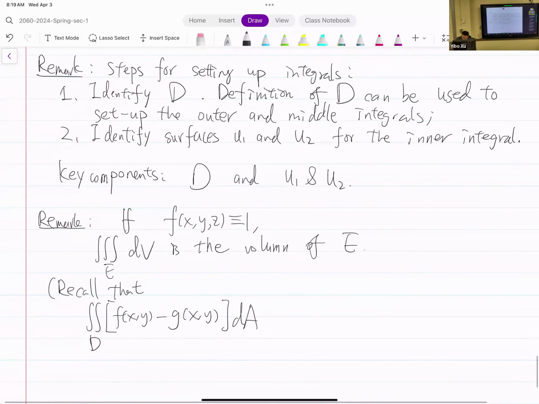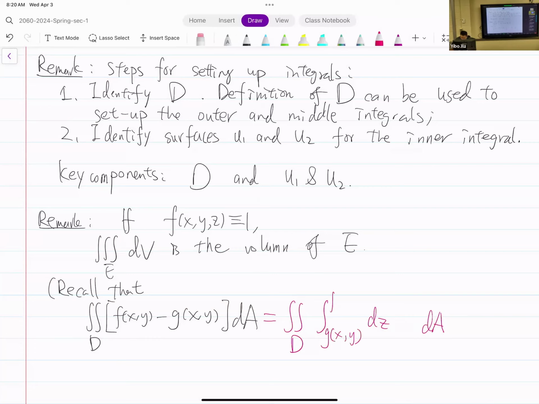So now we can rewrite it in another way. We still keep the double integral dA there, but the difference f minus g can be written as the integral in terms of dz, where the lower limit of the integral is g and the upper limit is f.